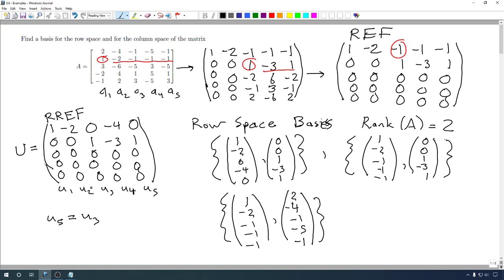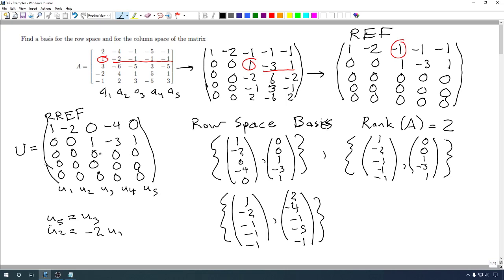U2 is actually not too complicated either. It's just U1 times -2. If we multiply the column U1 by -2, we just get the same column as U2. So U2 is just -2 times U1. U4 is probably the most complicated one because it's not made up of just one previous vector.